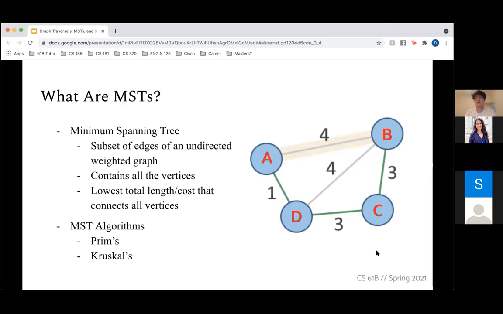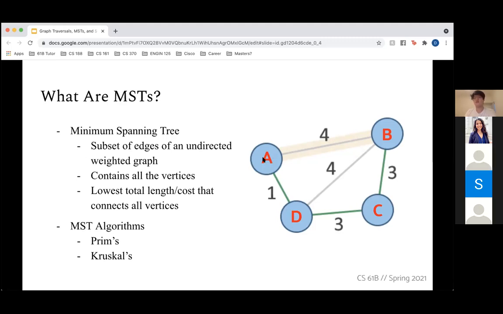Yeah, so directed basically means it has a direction within our edges. Within our MST graph, it's undirected. So this edge between vertex A and D doesn't suggest that we have to go in a particular direction.